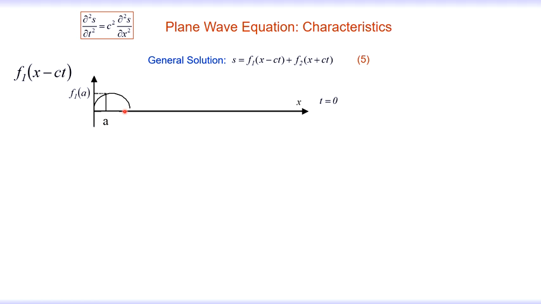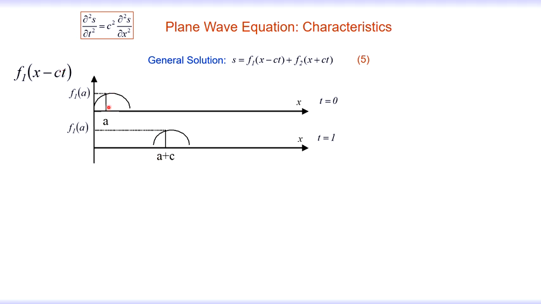As a solution of the wave equation, if we look at some time later, say t equals t1, then the shape of the wave is the same, but it's displaced in space. The x amount that it's displaced is going to be ct. And if t equals 1, then it's displaced a distance c.